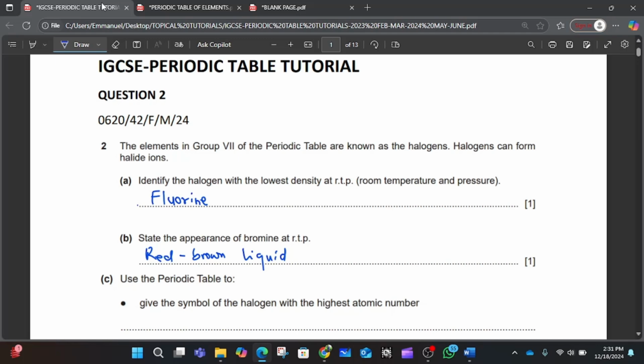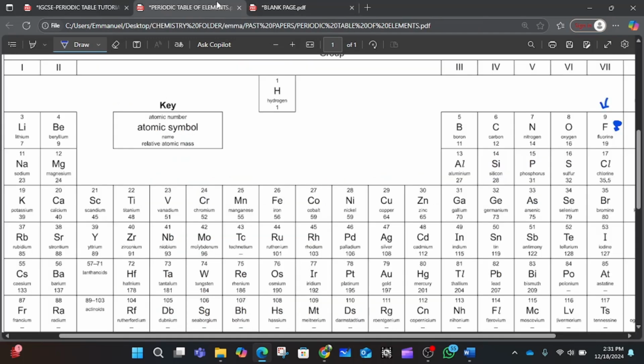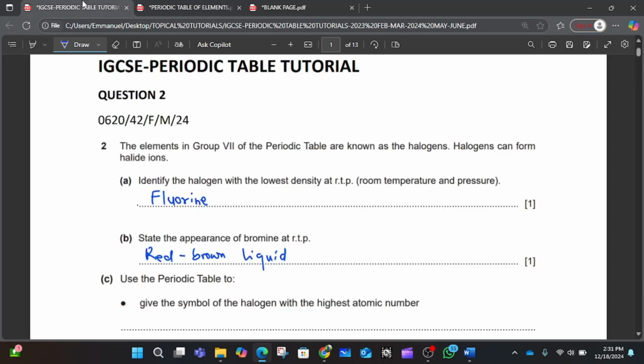C. Use the periodic table to give the symbol of the halogen with the highest atomic number. So let's look at the periodic table again. We can see that tennessine is the last element in group 7 or among the halogens. So it is the one with the highest atomic number. So since they are asking for the symbol, this has to be Ts.